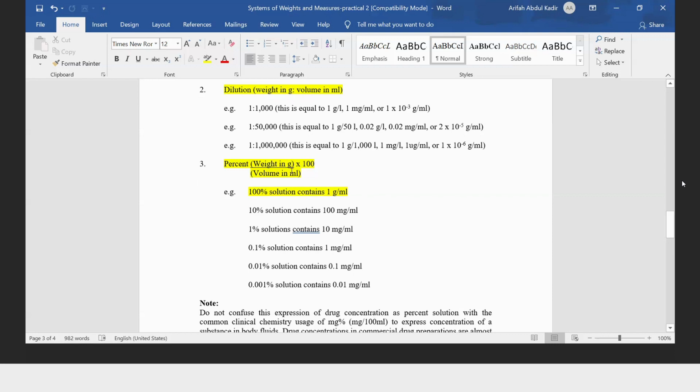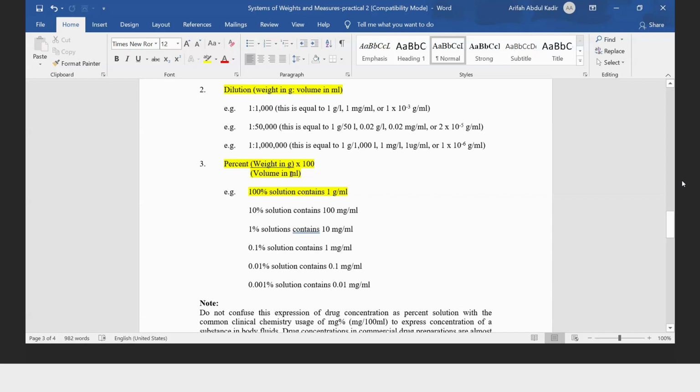So what's important is the percentage in gram per ml. The gram can be converted to microgram or milligram, but this cannot change. This cannot be gram per liter.